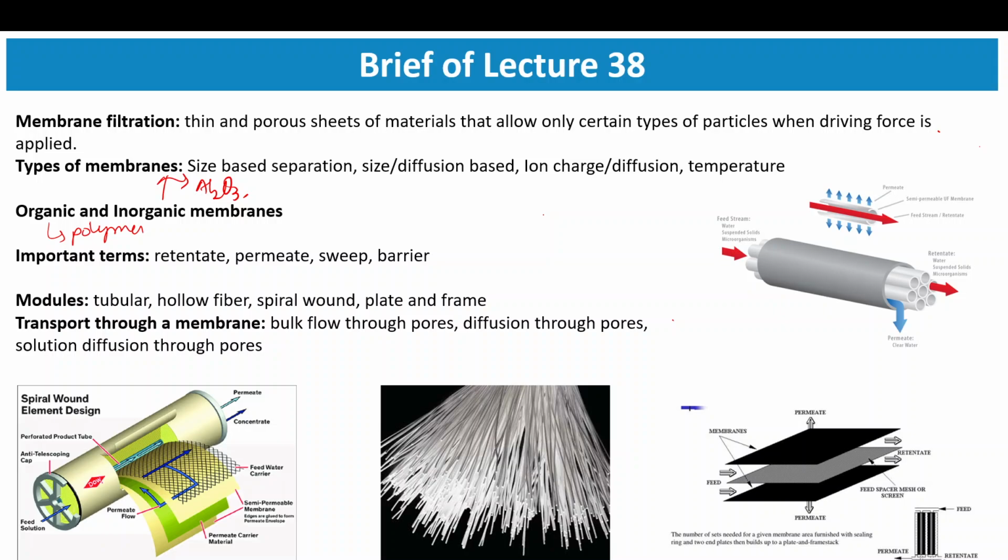So these membranes are resistant to higher temperatures as well. They do not get degraded or their structures do not change at higher temperatures. So depending on the polymeric material, you have various drawbacks and various advantages for that case.